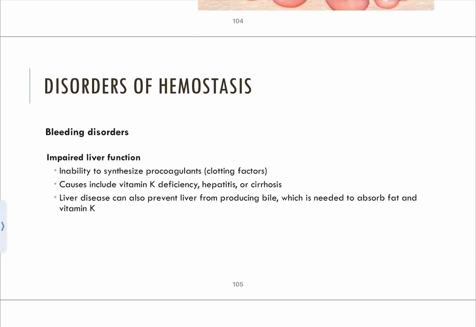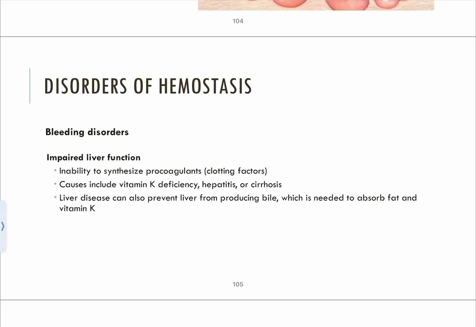So when we're talking about hemostasis and bleeding disorders, we can have impaired liver function. And if we have impaired liver function, that's going to lead to the inability for us to synthesize procoagulants, so all of those clotting factors. Causes also include vitamin K deficiency, hepatitis, or cirrhosis.